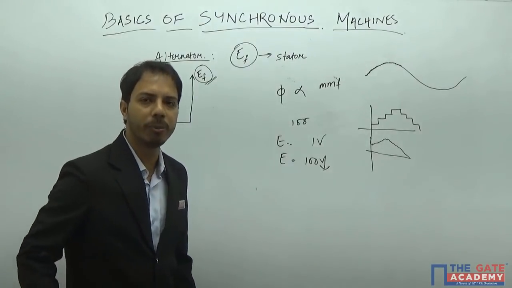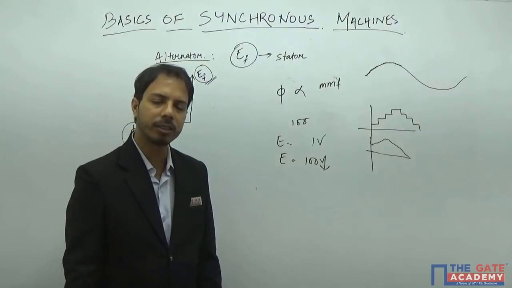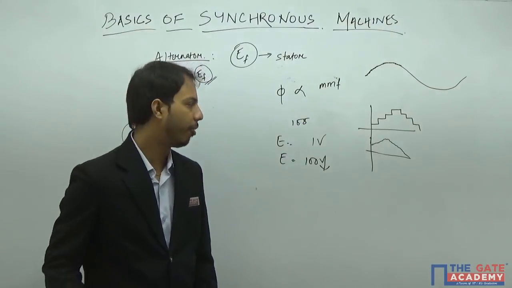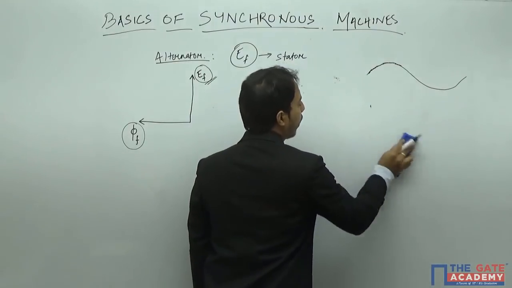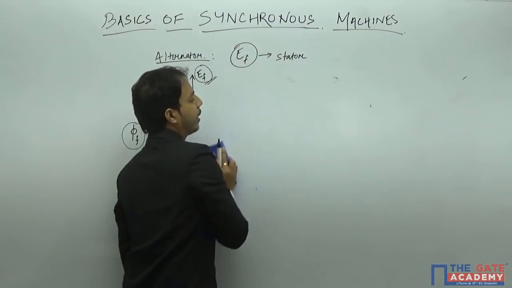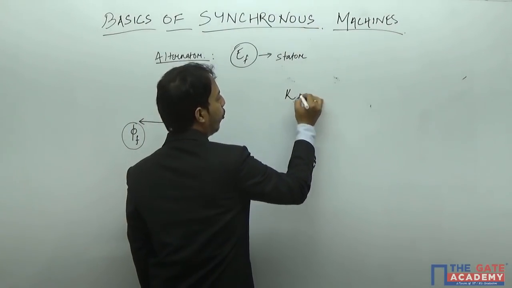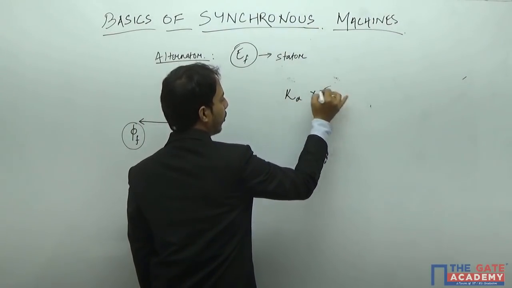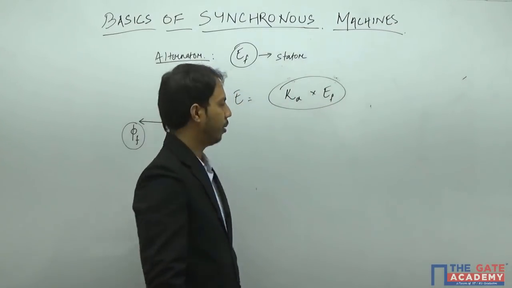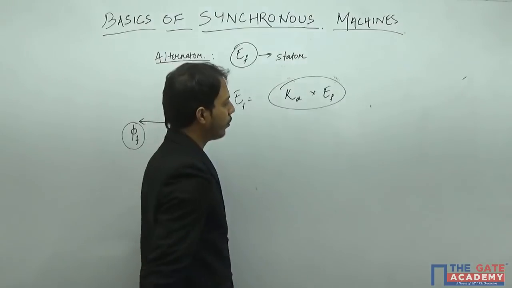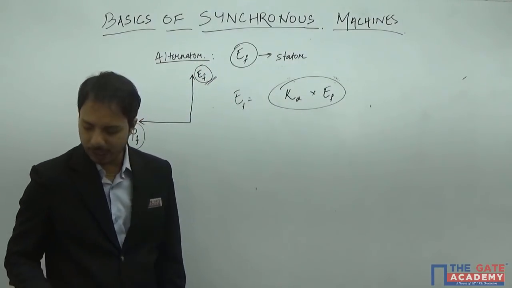How much less it will be depends, and it can be calculated, and that particular factor is known as the distribution factor, also known as KD. We have to multiply this KD factor with the induced EMF, and that will give me my actual induced EMF. Now what is this KD factor?